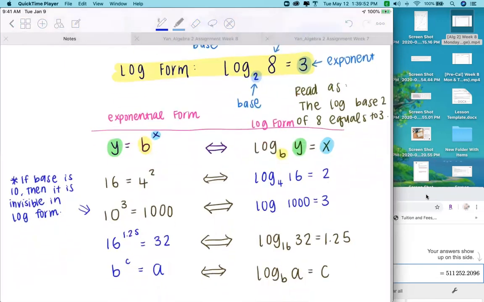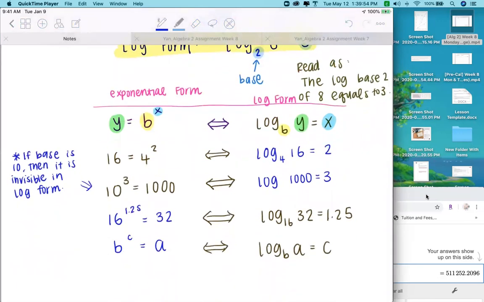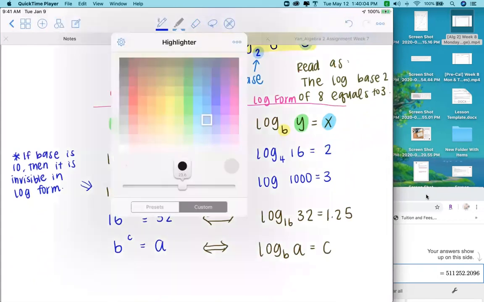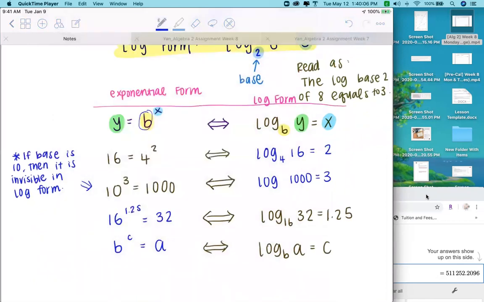Okay, so for some of these examples down here, again, your base is b, and then I write b again. Let me just highlight this. So I have b here. The base is the little number at the bottom next to log.